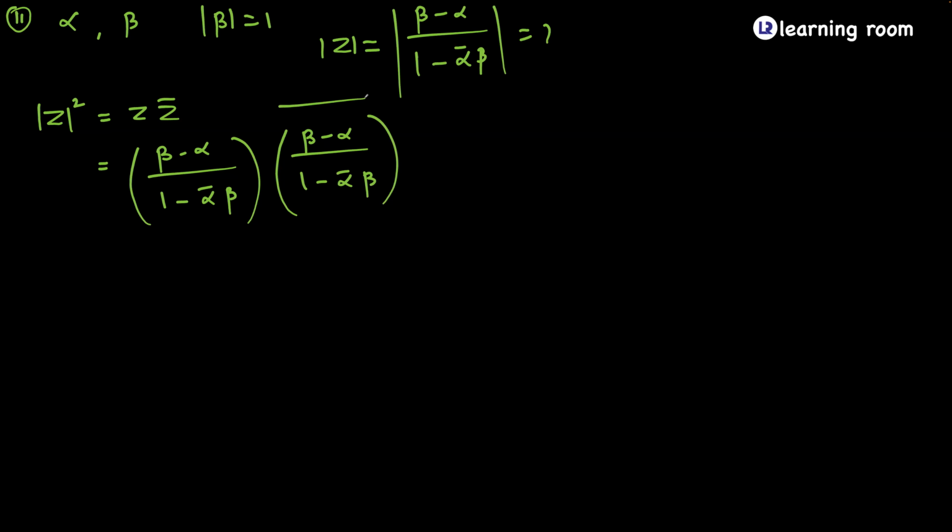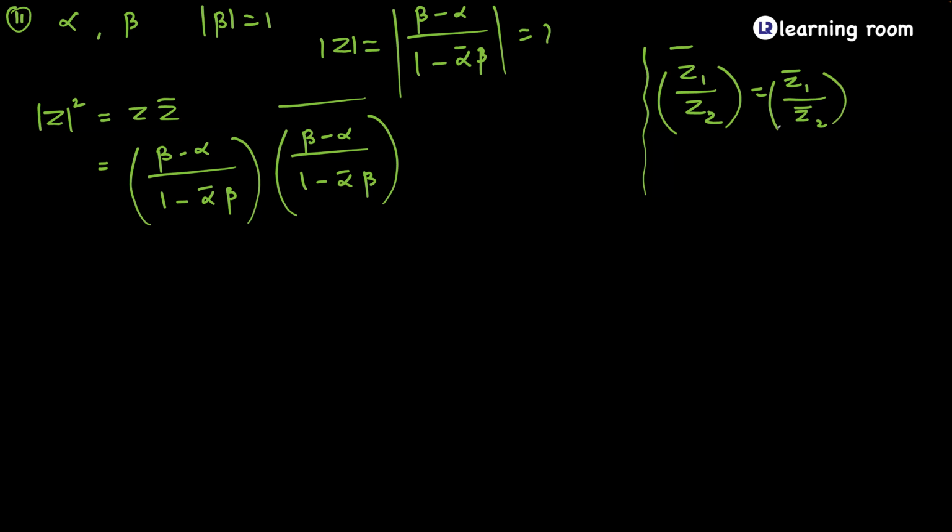Can I write it like this? Okay. So there is a property with respect to the conjugate as well. Z1 by Z2, the whole conjugate can be written as Z1 conjugate divided by Z2 conjugate. Means this bar will get split to each numerator and denominator.